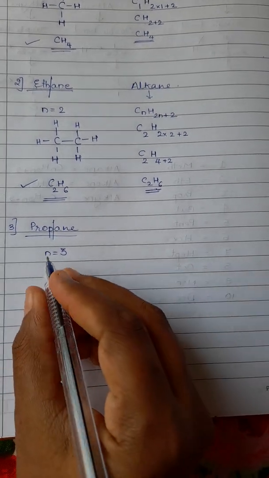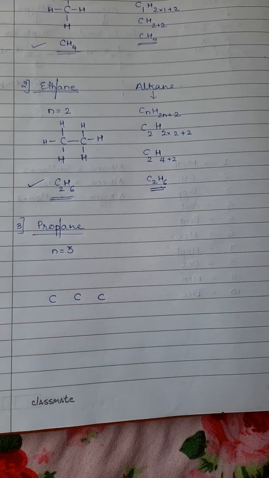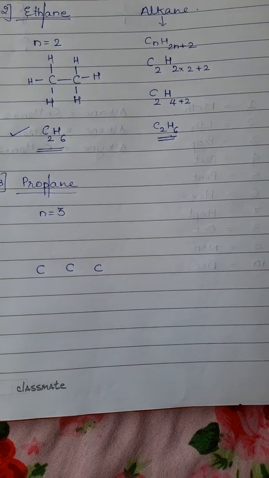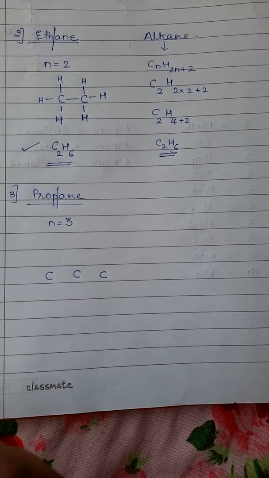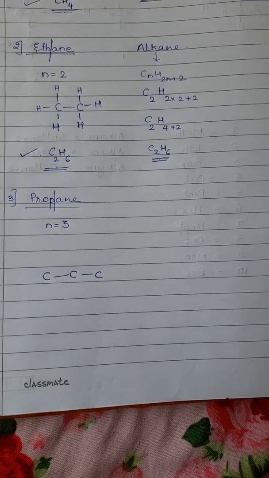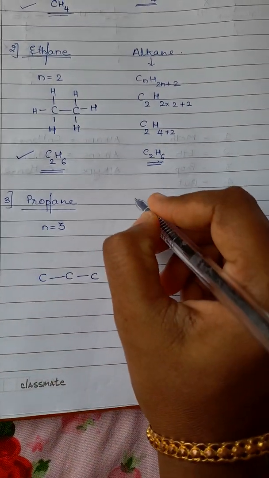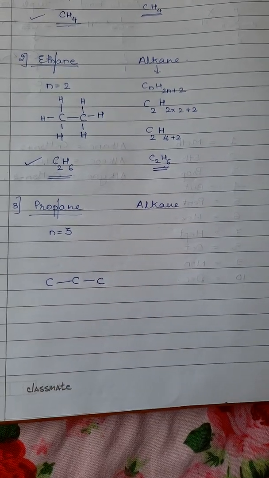Alright. So what do I do? 3. So I write 1, 2 and 3. Okay. Now what do we do? We have 3 C's written. Now we need to connect them first. So we are going to connect them with single bonds. Okay. Why single? Because it's ANE. It's an alkane, so we need to connect them with single bonds.